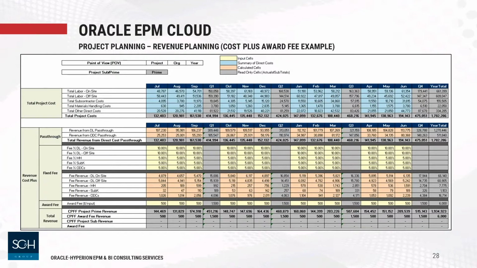You may have fee percentages across various components of your project. Once you appropriately apply that fee, it actually calculates the revenue for you. And keep in mind, the yellow cells are the only inputs. The rest is system generated or leveraged based on attributes or analytics that have been defined globally in the model. So the maintenance for a project on a go-forward basis is minimized as the system allows for efficiencies to calculate it.